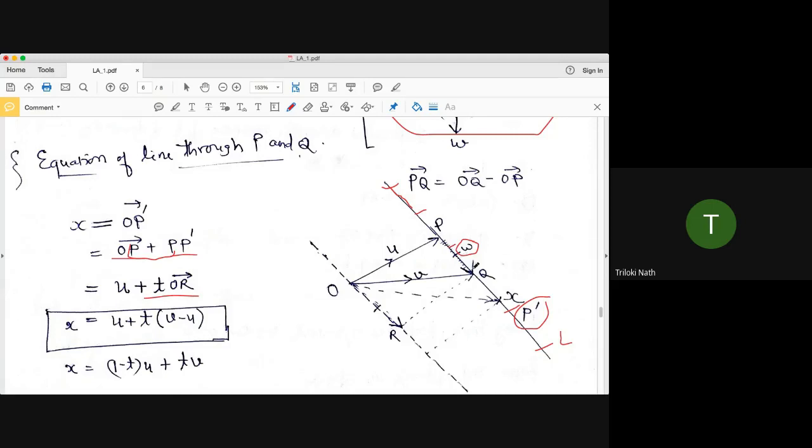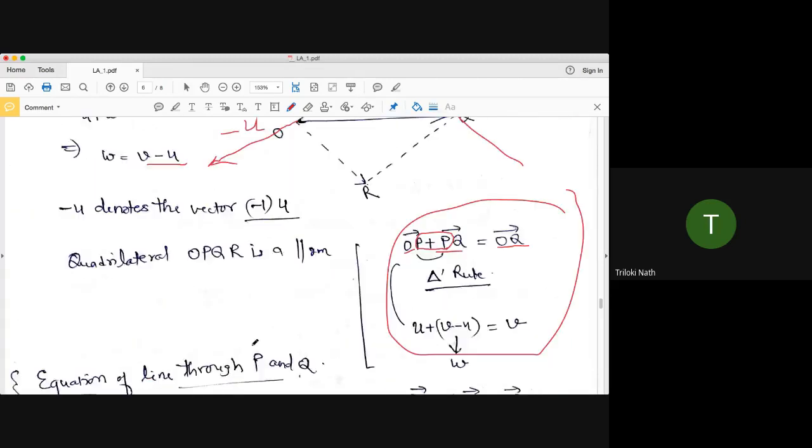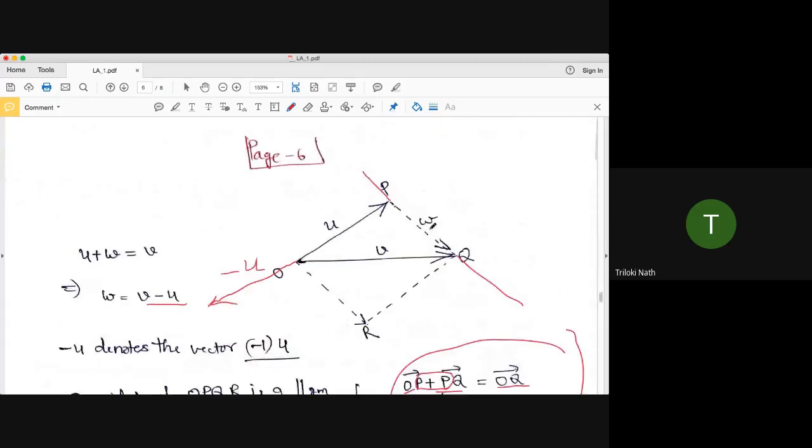Now this PQ is the same as OR vector by the parallelogram rule. This OR vector and this PQ vector are the same. And what is the OR vector? OR vector is V minus U. That is, PQ vector is V minus U. अभी अभी तो दिखाया आपको ना कि ये जो W वेक्टर है वो क्या आएगा? V minus U आएगा.